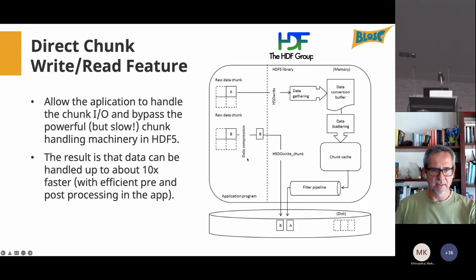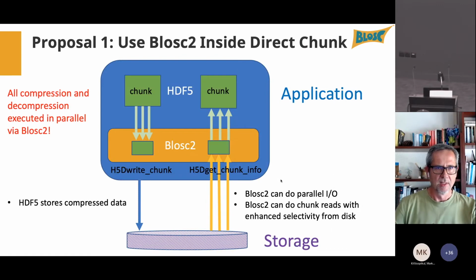The result is that we can bypass all this pipeline for handling the chunks and get much faster speed. In general, they claim 10x for writing, which is a lot, 10 times faster. So this is our first proposal.